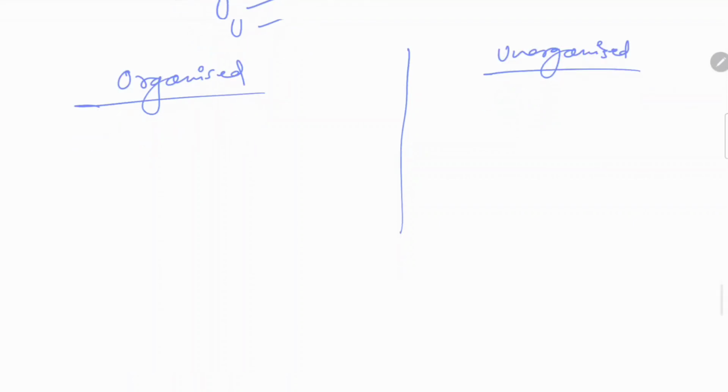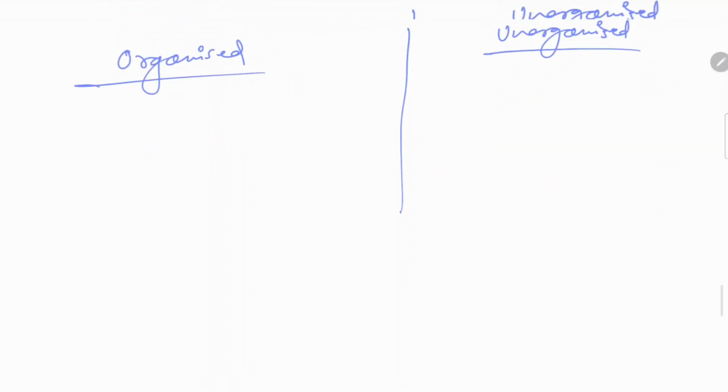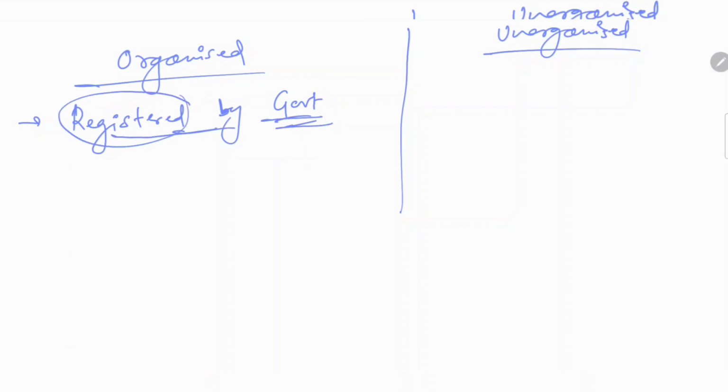So now let's talk in detail about the organized and unorganized sectors. In the organized sector, they will be registered by the government. If you take a company, if it is registered by the government, it can be classified as organized.